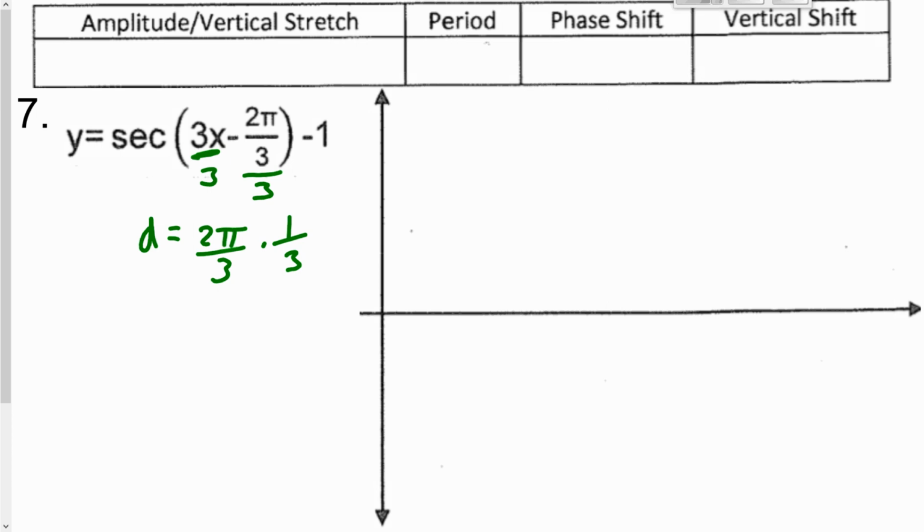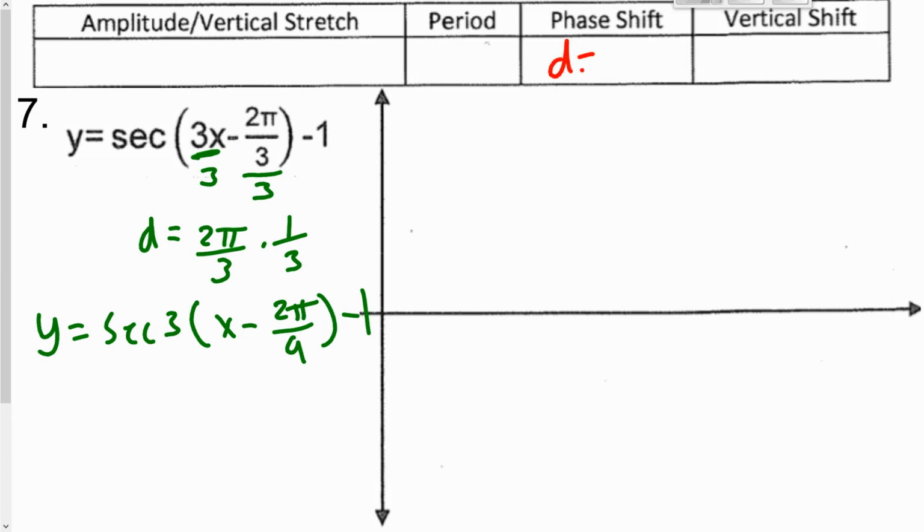So I multiply by 1/3, pull that b on the outside, so that means it would look more like this, with that 3 on the outside, and then a 2 pi over 9, and then minus 1. Okay, so now I have my d, which is my phase shift.